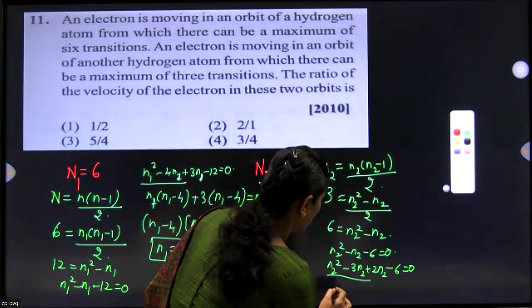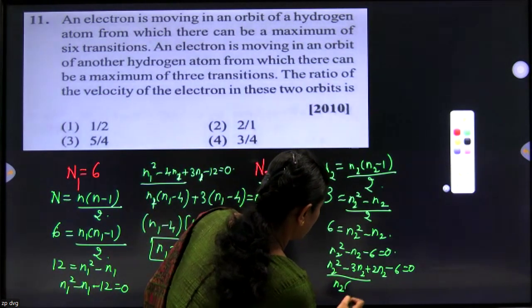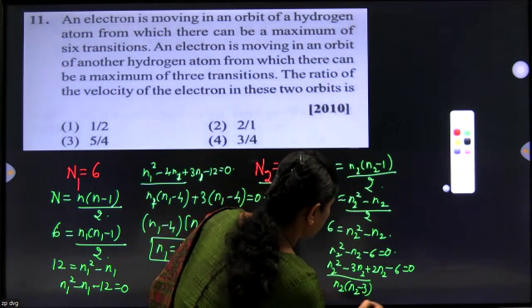Again, here n2 is common: n2 into (n2 minus 3) plus 2 into (n2 minus 3).